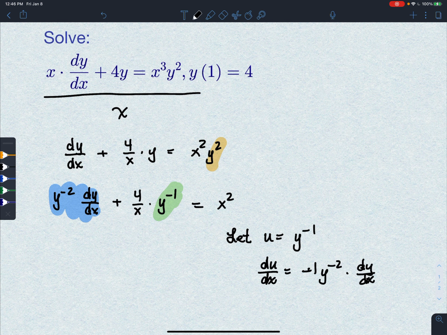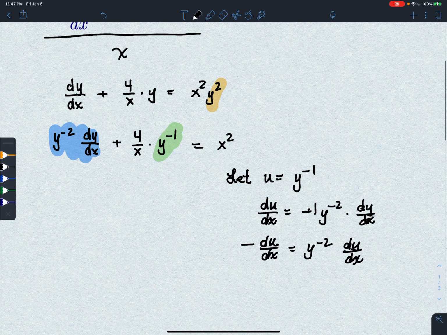So we're keeping the same independent variable here. Now notice, we don't have the negative 1, but that's okay. I'm actually going to say that negative du/dx is equal to y to the negative 2 dy/dx.